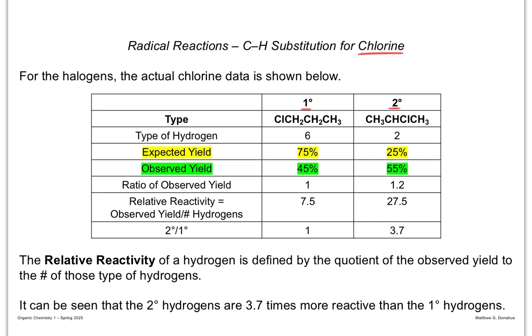Now in green here, green shows you the actual yields when you run the reaction. Notice that for the primary, from expected to observed, it's a lot lower, and for the secondary, it's actually a lot higher.